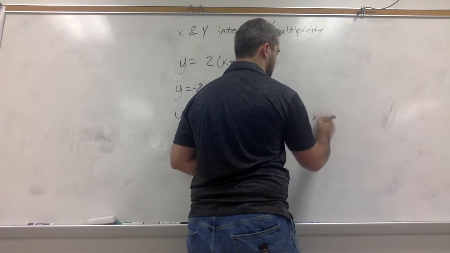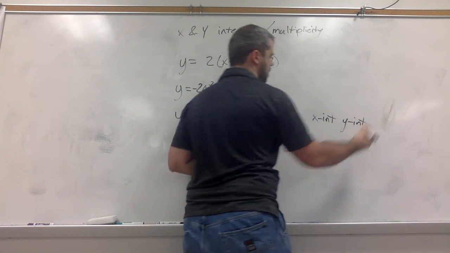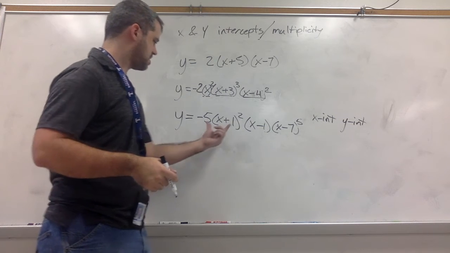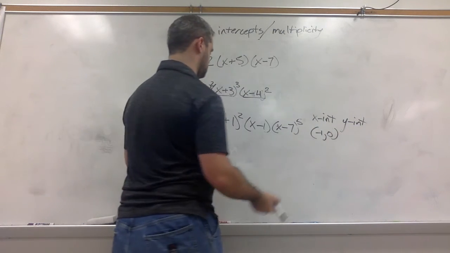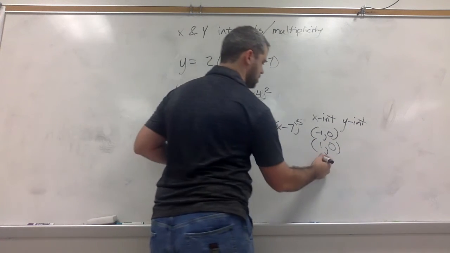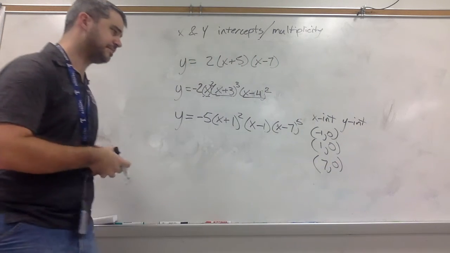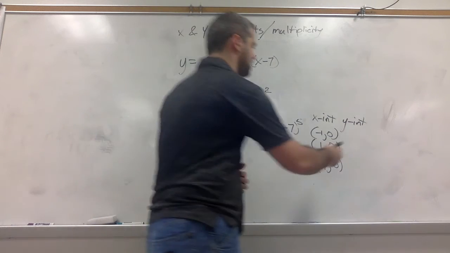So let's find our x-intercepts, and let's find our y-intercepts. So x-intercepts should be -1, 1, 7. Y-intercept, remember we set our x equal to 0.